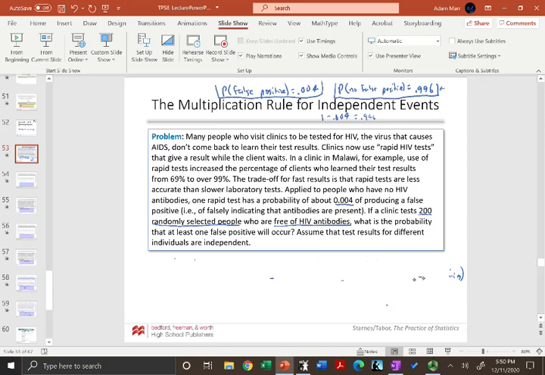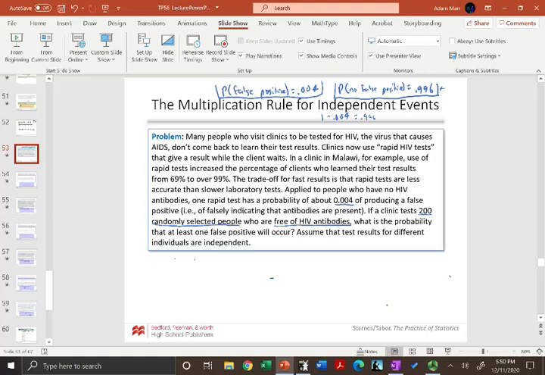Many people who visit clinics to be tested for HIV, the virus that causes AIDS, don't come back to learn their test results. Clinics now use rapid HIV tests that give a result while the client waits. In a clinic in Malawi, for example, use of rapid tests increased the percentage of clients who learned their test results from 69% to over 99%. The trade-off for fast results is that rapid tests are less accurate than slower laboratory tests.